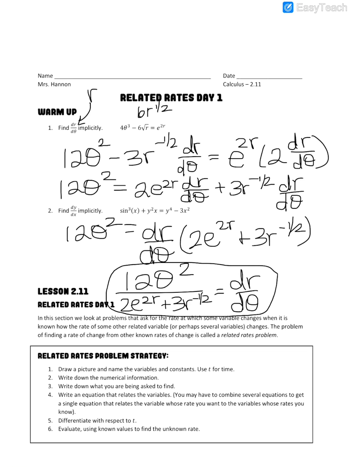All right, I'm going to erase that, so if you need to look at it longer, just go ahead and pause the video. I'm going to erase it so I can do number 2.